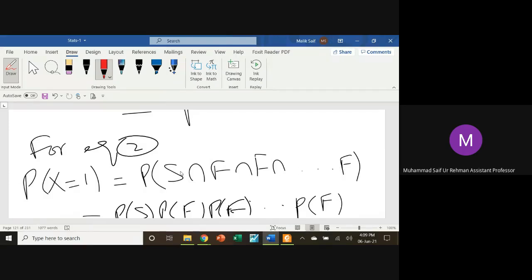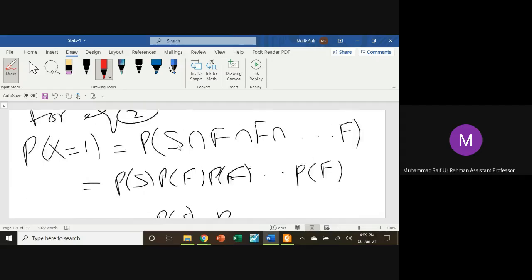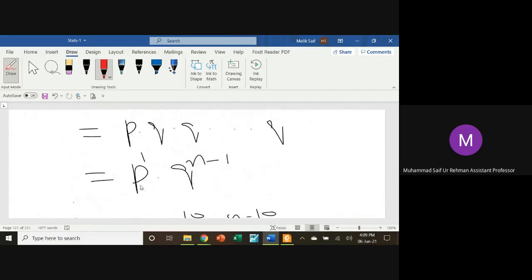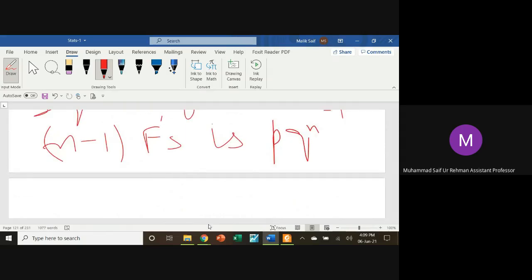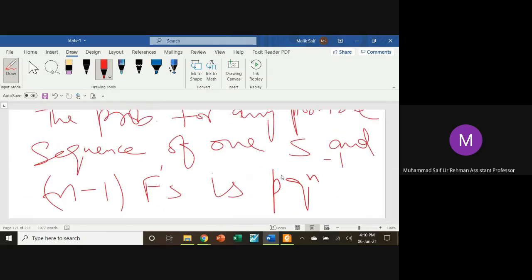So success may be written over here or here or here, but it has occurred only once. It doesn't matter where it has occurred, at which trial. The question is that it has occurred only once. So if it has occurred only once, then this will be the situation, p power 1 q power n minus 1. We are not going to write down p power 1 over here, because we know that p power 1 is equal to p. Fine.